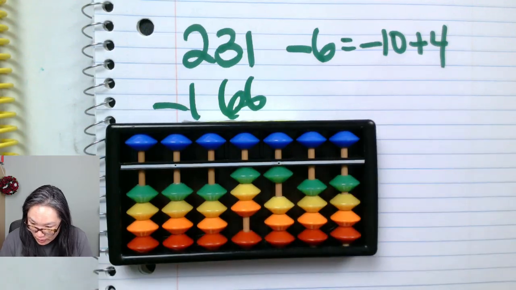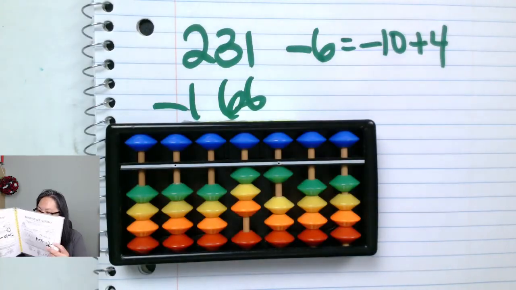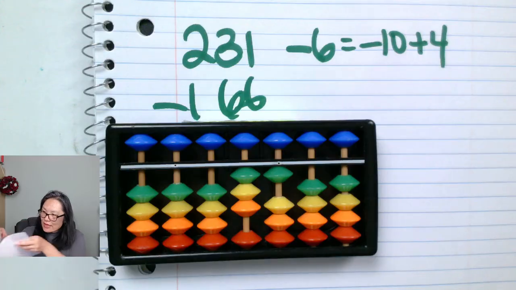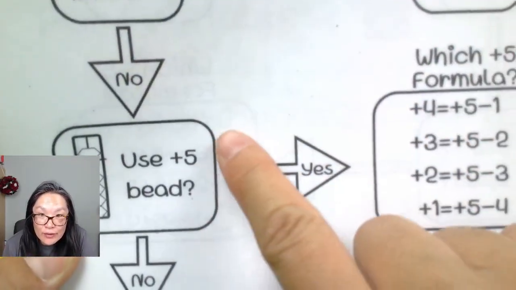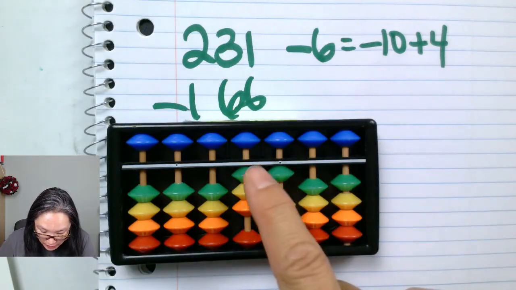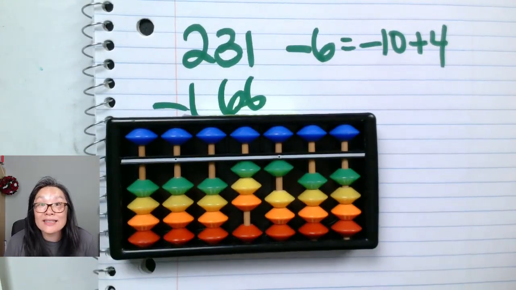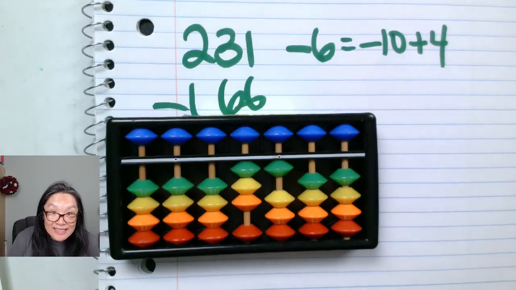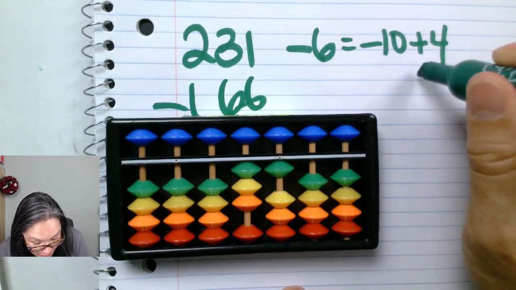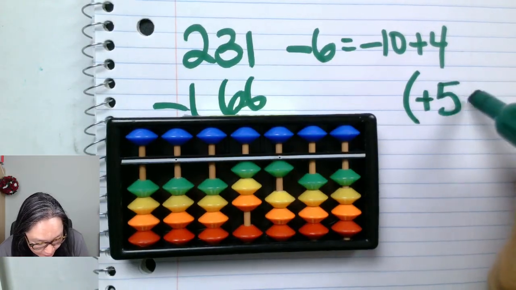Can we add the 4? So now we're back to our formula, right? Can we add the 4? No. Can we add the 5? Yes, thank you, Char. Yes. So what we're doing here is the associative property, because we will make parentheses, plus 5 minus 1.